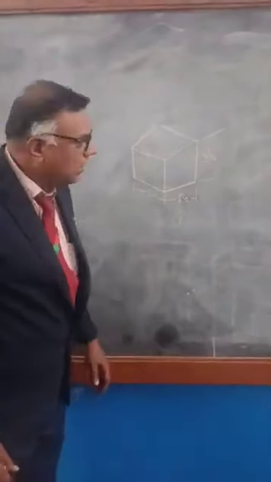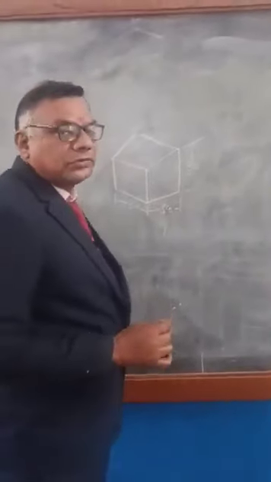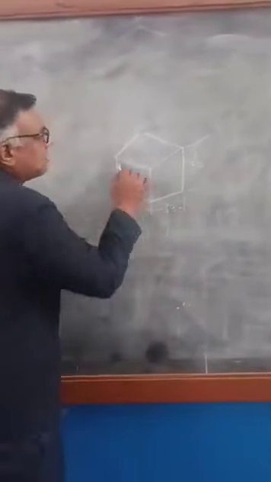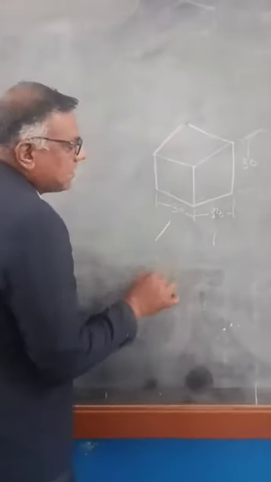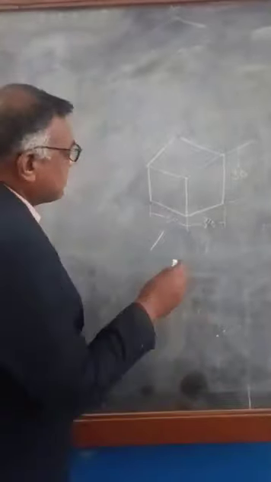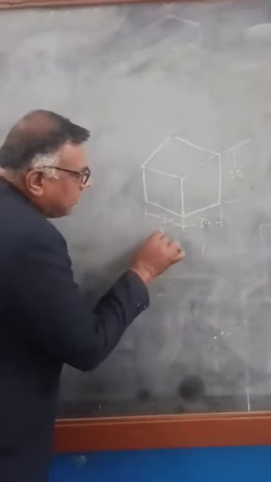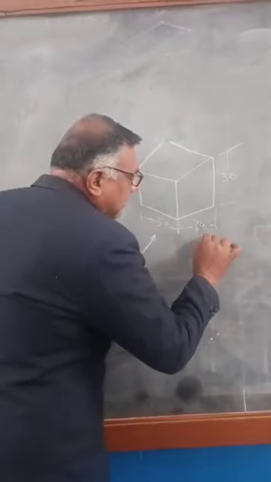Now what you have to do for this, I am going to draw a two-dimensional object from this three-dimensional one. In the question itself, there are two possible things: the arrow mark will be on the left side, or the arrow mark will be on the right side.